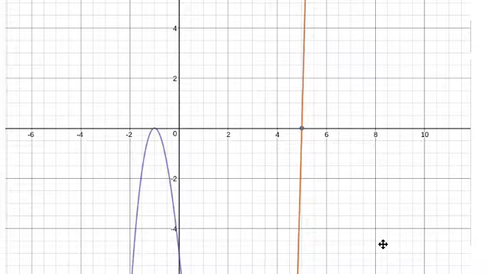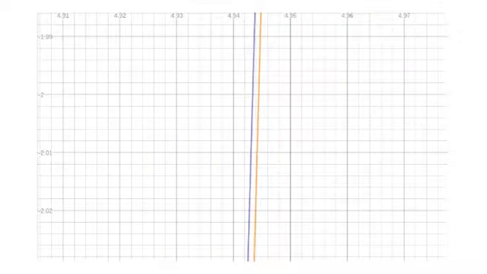That's just because it's really, really close, and they both have really steep slopes. If you take a closer look, you'll see they actually don't touch at any other point than the one that they're supposed to.